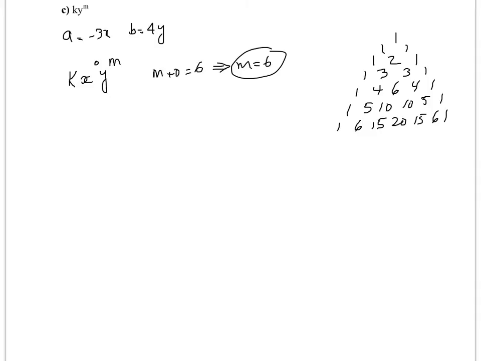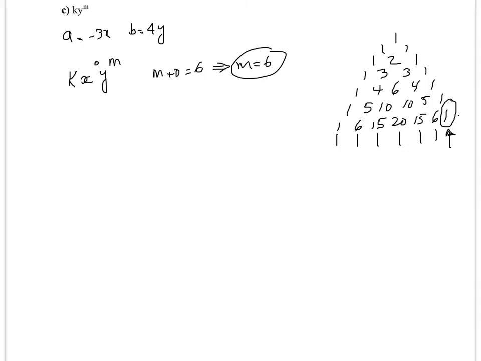The other thing is that since x is exponent 0, this is the coefficient that I'm looking for. Remember, x has exponent 6 here, then 5, then 4, 3, 2, 1, and then the exponent of x is 0 here. This is the coefficient.